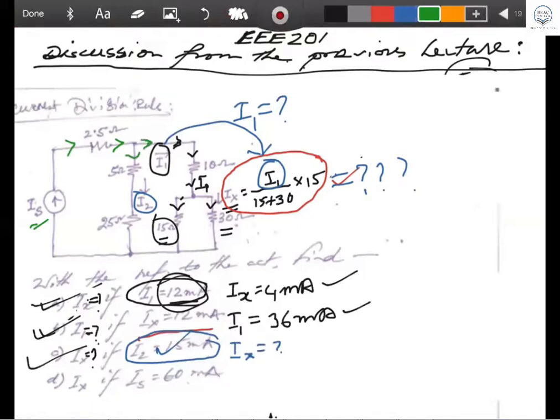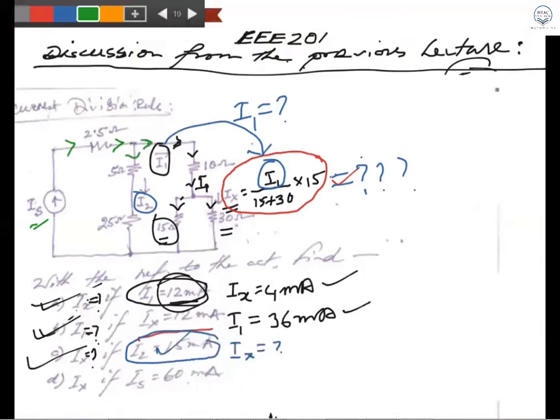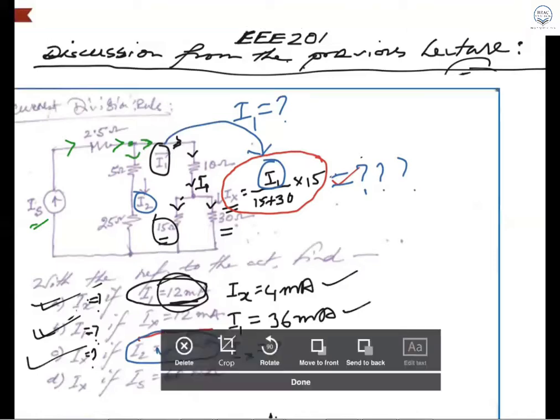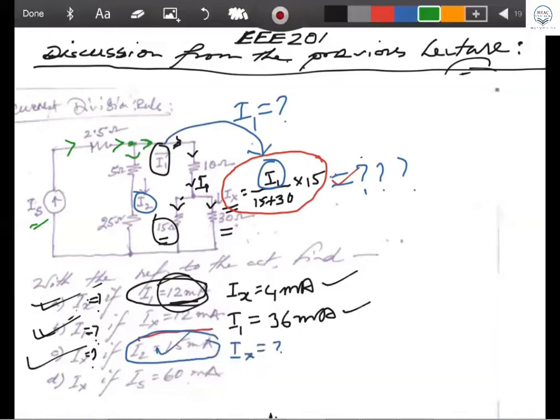At this node, the current is going to divide into two parts. One is going that way, one is going this way. This way the current is your I1 current, and this way the current is your I2 current. So this total Is is dividing into two parts.